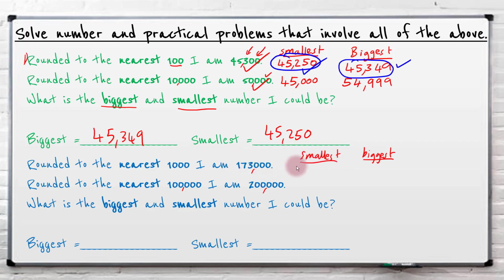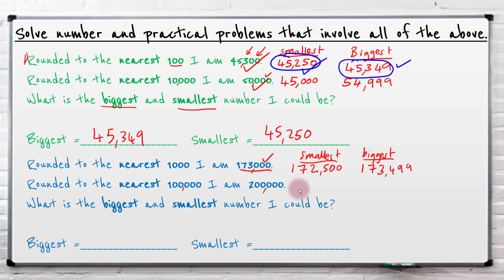So nearest 1,000, I would have 172,500, because as soon as it goes to a 4, then that means it would round off to 172,000. So the biggest it could be is 173,499. I can't put 500 here because that would round up, so it needs to be 499. So I've got the smallest and biggest for this statement.